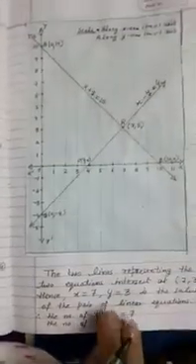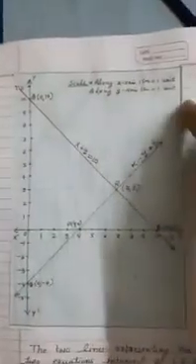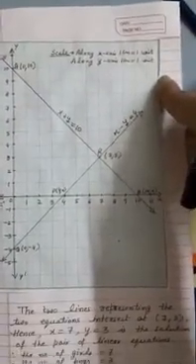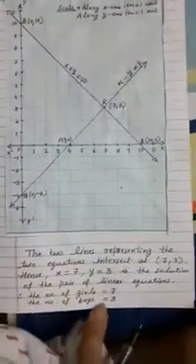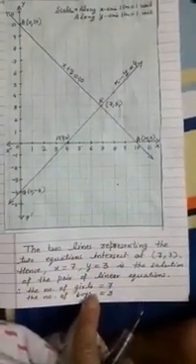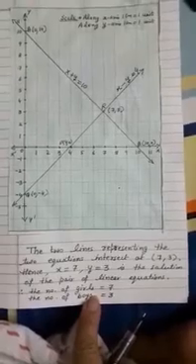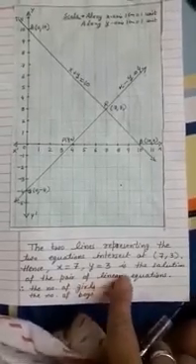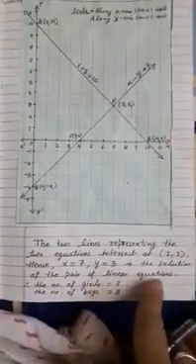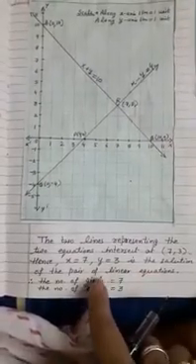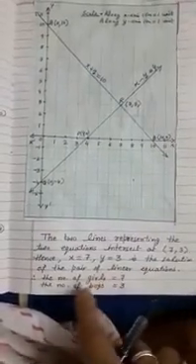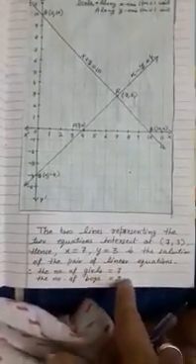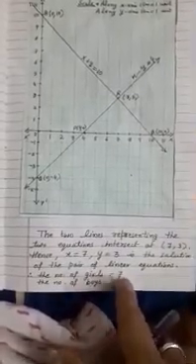This is compulsory, we have to write it, and the scale is also compulsory. You already learned this in 9th class. Here I have written: the two lines representing the two equations intersect at 7, 3, hence x equal to 7 and y equal to 3 is the solution of the pair of linear equations. x is the number of girls, that is 7, and y is the number of boys, that is 3. This is called the solution graphically.